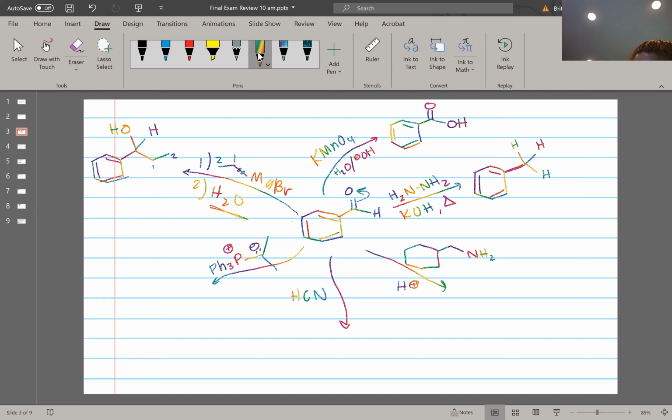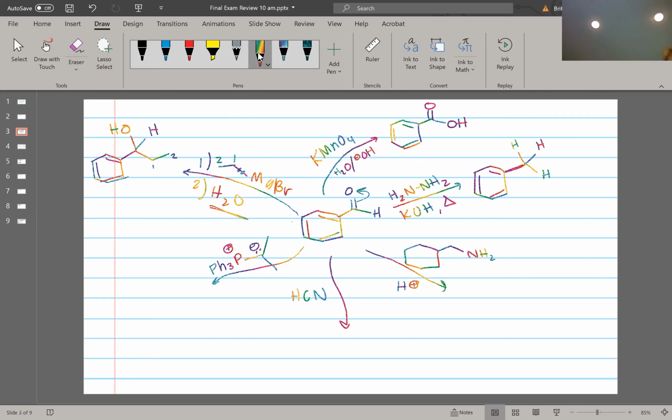Does anyone remember what this is? Does the term phosphorus ylide ring a bell at all? Doesn't it create an alkene? Yeah, we're going to create an alkene.